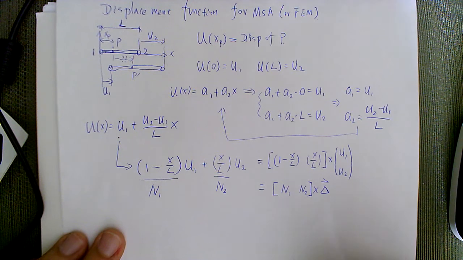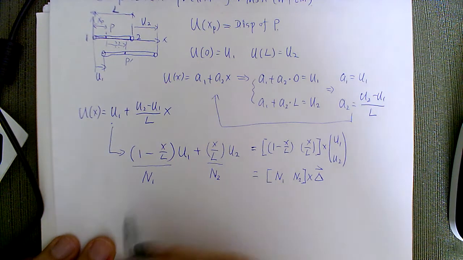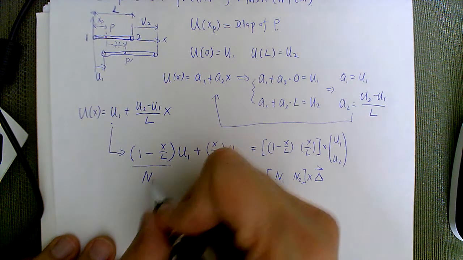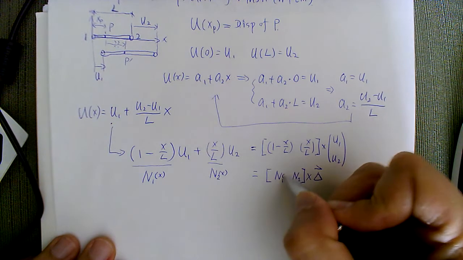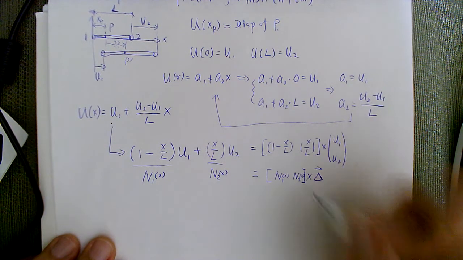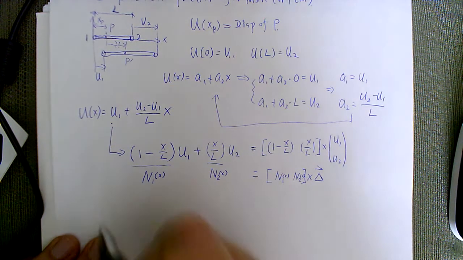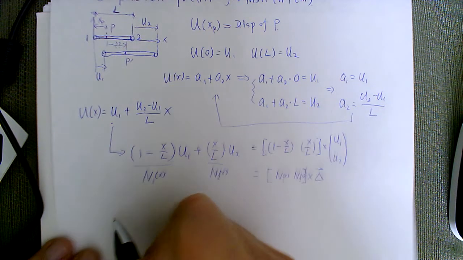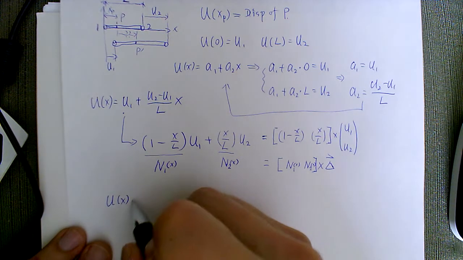And a lot of time I would encourage you to always write it at the beginning, is to realize that n1, n2, they are not numbers. They are actually a function of x in this case. So basically what I did is I'm writing the scalar function of this guy.